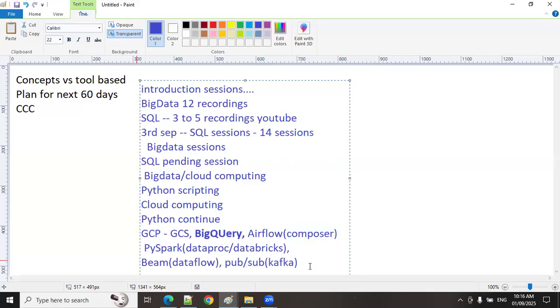But to work with these tools, we need to use some scripting. If you want to work with BigQuery, you need to use a language, so we'll use SQL here. To work with Airflow and PySpark, we need to use Python scripting. That is the reason we are learning Python and SQL.